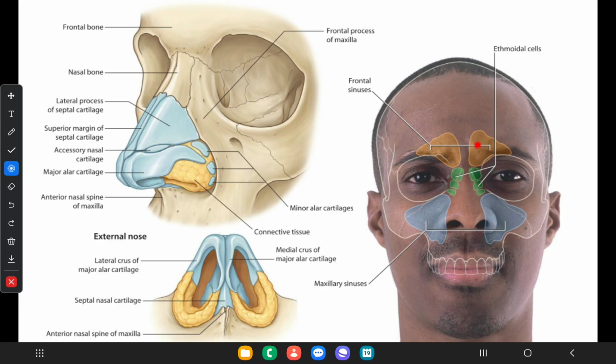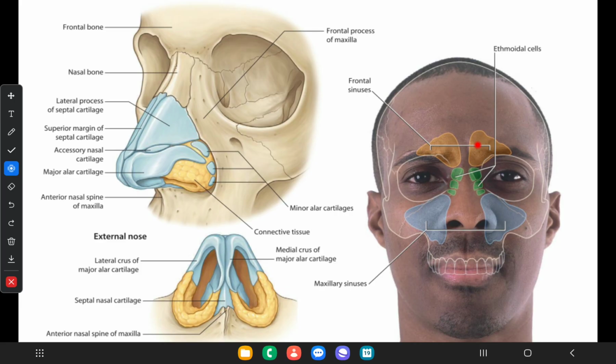I hope you remember that in my previous video I discussed the nasal cavity and the openings of the sinuses in the lateral wall of the nasal cavity. So I showed you what the openings of the sinuses are. From those openings, the secretions of goblet cells in the paranasal air sinuses drain into the nasal cavity.